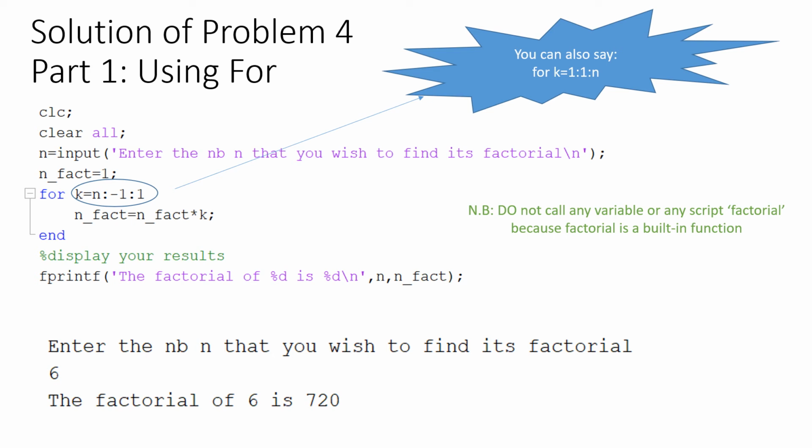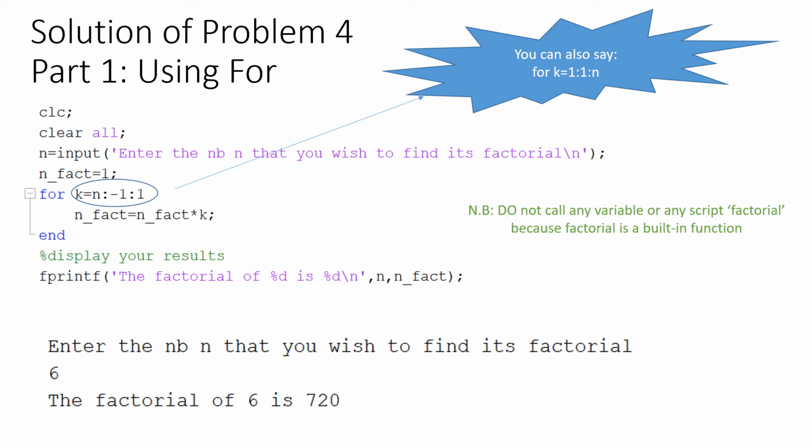So that's why, guys, I will use for k going from n with a -1 until 1, and then n fact will be n fact times this k, which means if I need to try the script, k will start by n, which is, let's say, 4, and then n fact will be 1 times 4, and then k will be 3, and then n fact will be the old one, which is 4 times 3, and then 4 times 3 times 2, and then 4 times 3 times 2 times 1, and I will stop here.